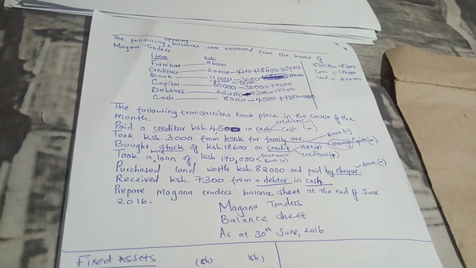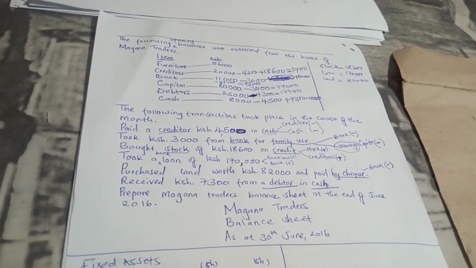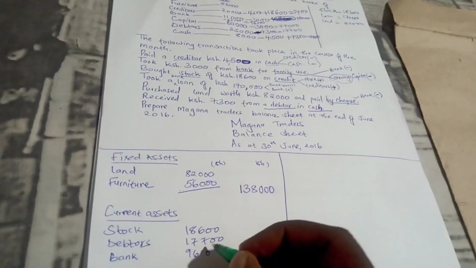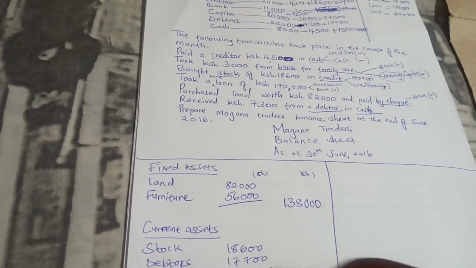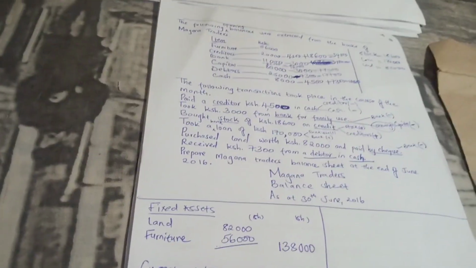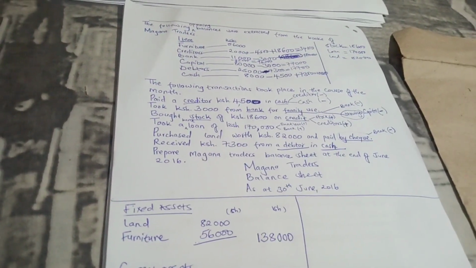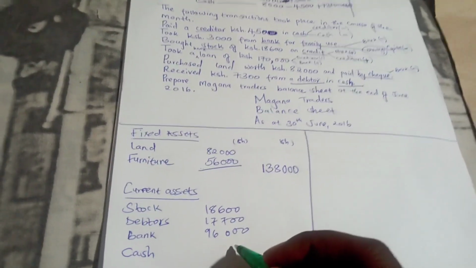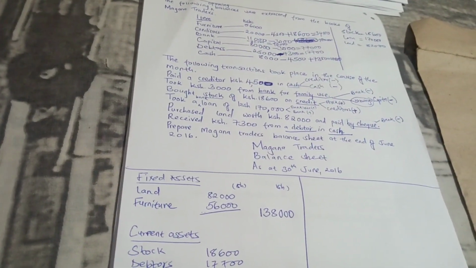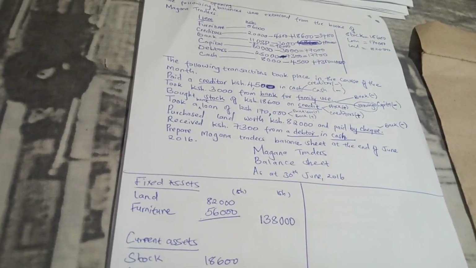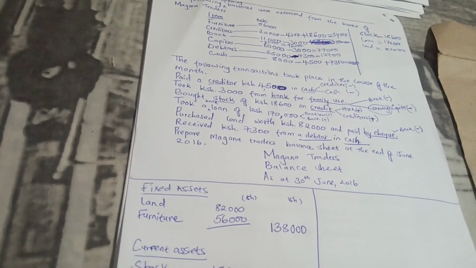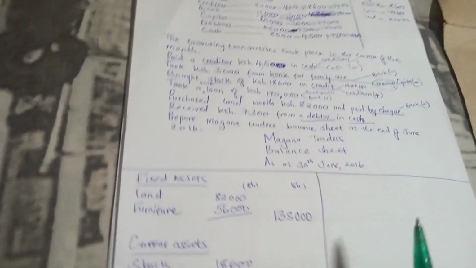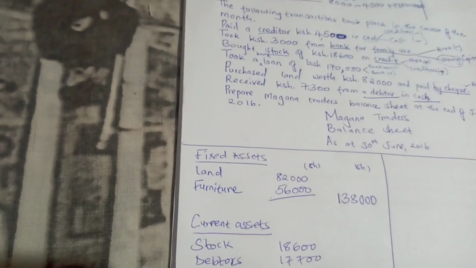Amount of money in the bank was 96,000. And we have cash. Our cash was 10,800.